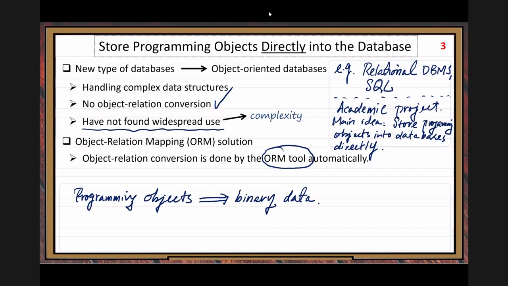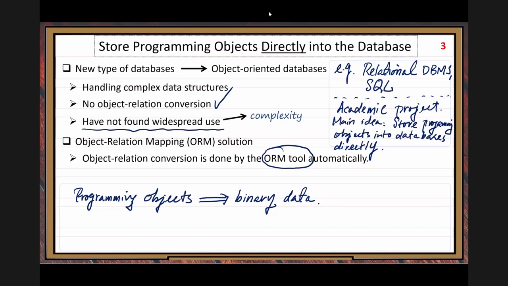When you want to convert between objects and a table format, programmers need to do a lot of work, and many times you may have many human errors. But this ORM tool does the automatic conversion.